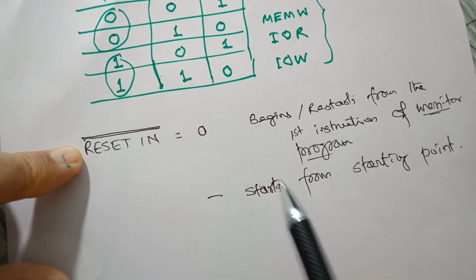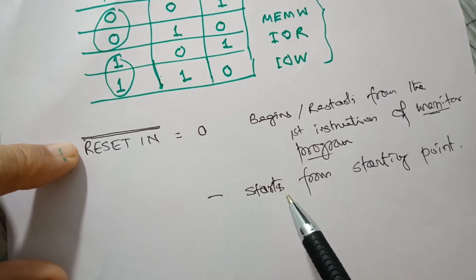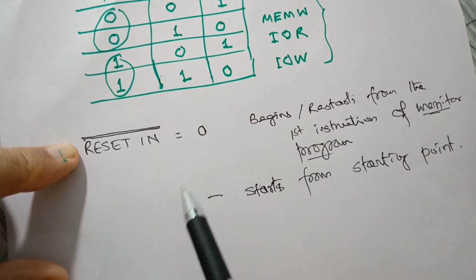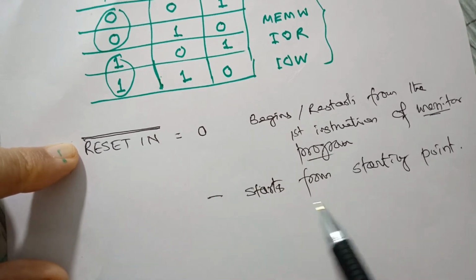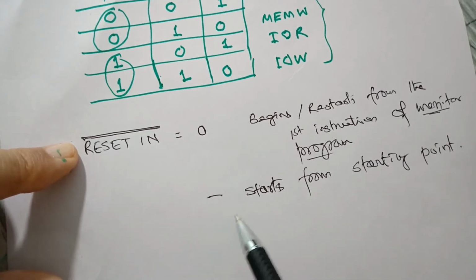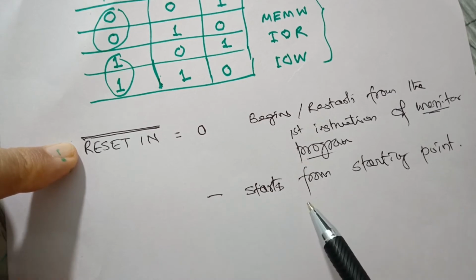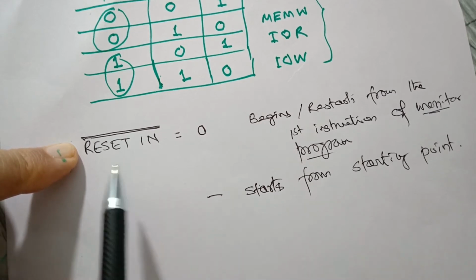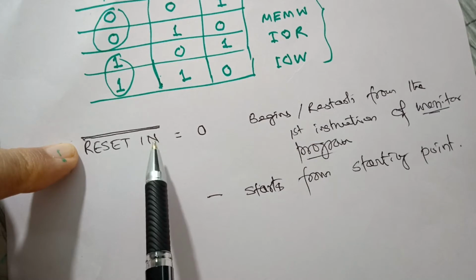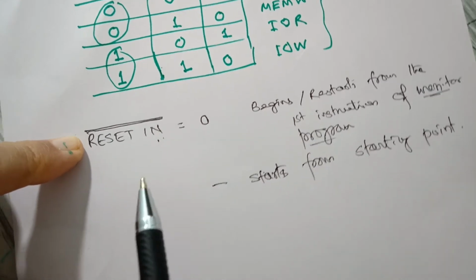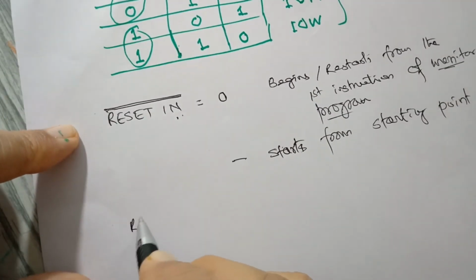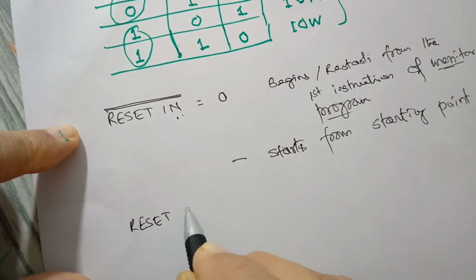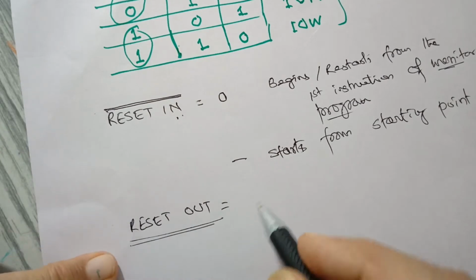But only resetting the microprocessor is not enough. You know that a computer is the system organization of several I/O devices and chips. We call them peripheral chips, right? So all the I/O devices and peripheral chips also need to reset, and therefore whenever you reset the microprocessor, it gives out high on this pin, that is the reset out. So this is the output pin from the microprocessor.